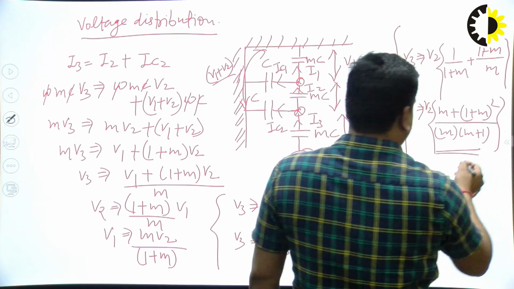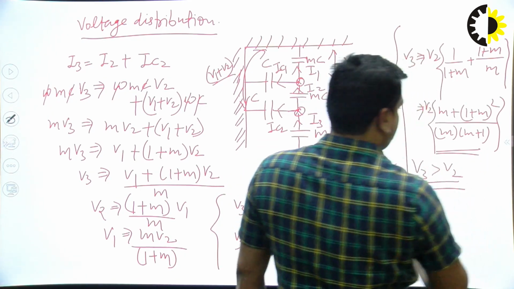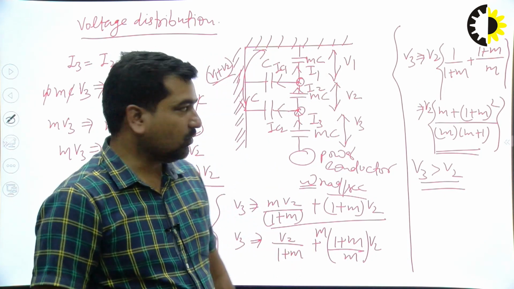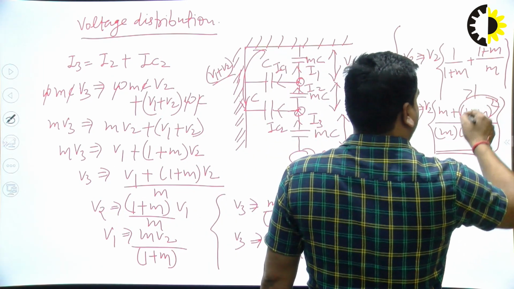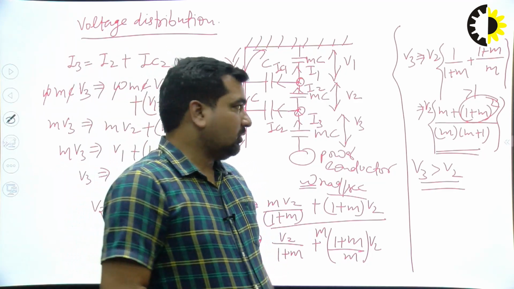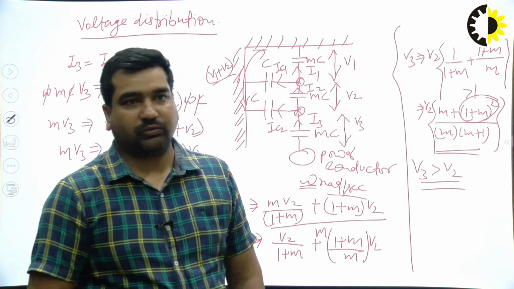So you can see that V3 is greater than V2, because (1 plus M) whole square is greater than 1, and 1 plus something is greater than 1. That's why V3 is greater than V2.